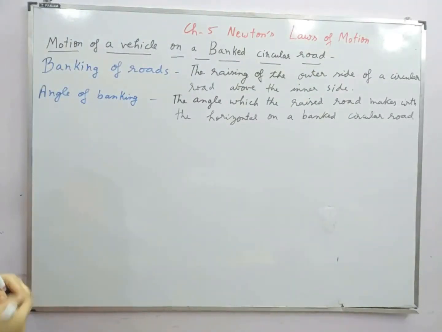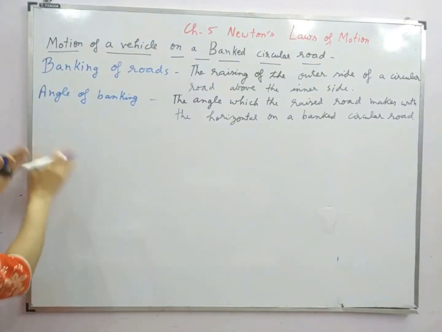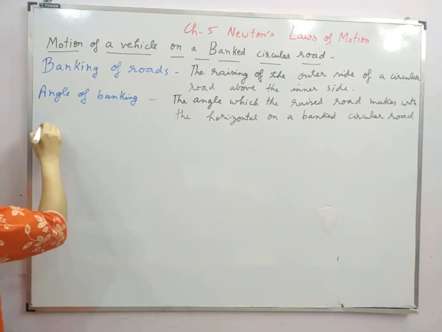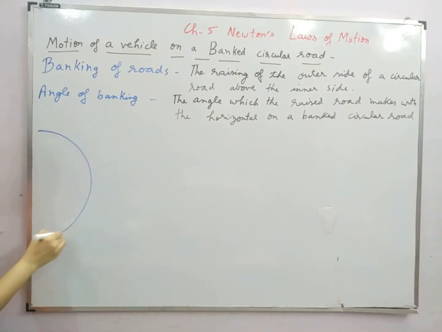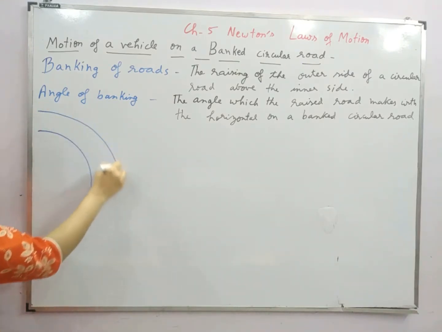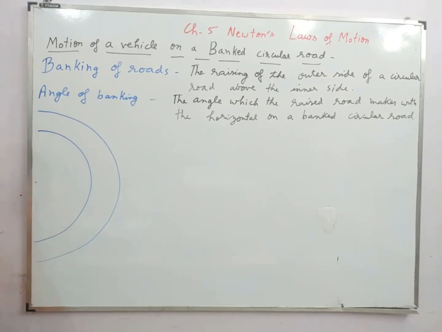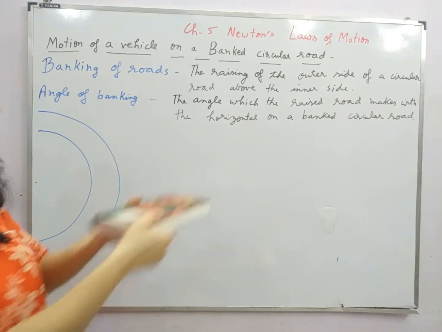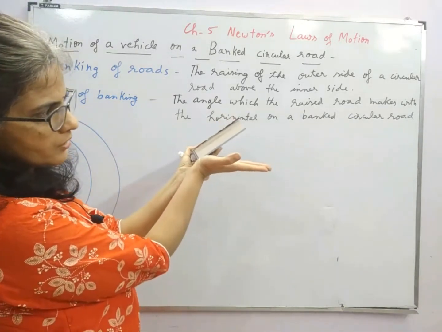Now look at the diagram. The diagram is very much similar. It appears to be similar, but that's a three-dimensional case, so I'll have to draw it in a different way later. So this is your circular road, and let's say this is the banked one. Banked means if you look at the cross section of this road, it will be like this.